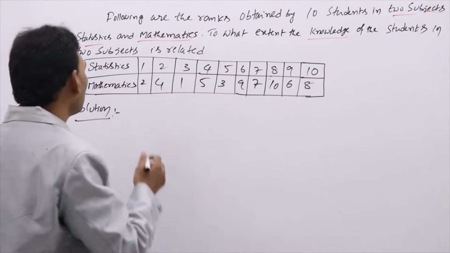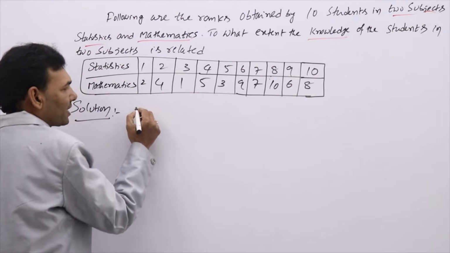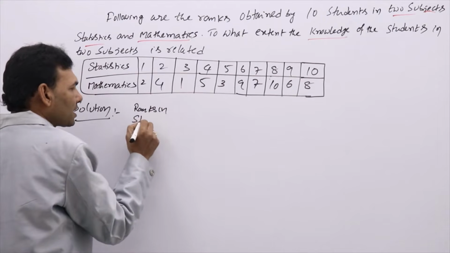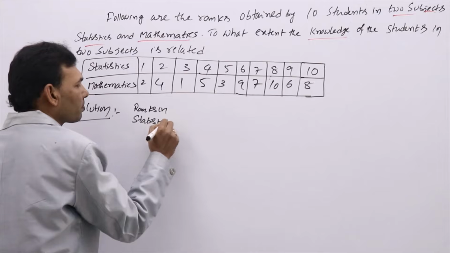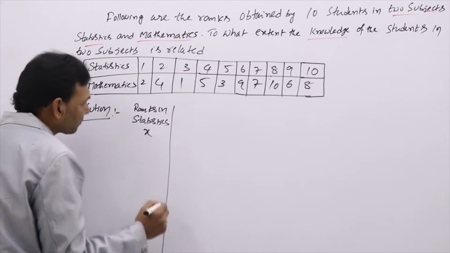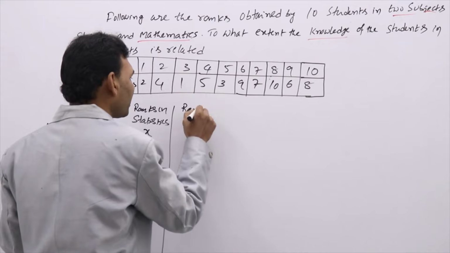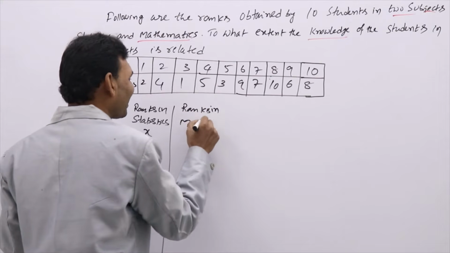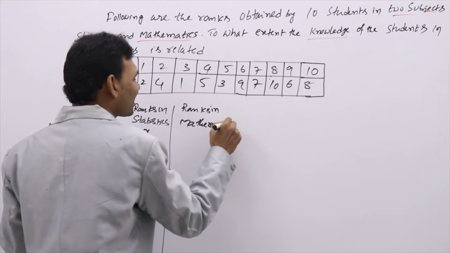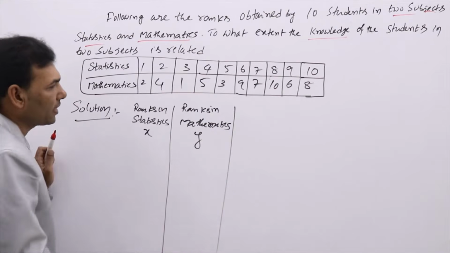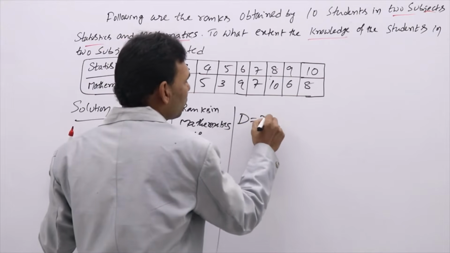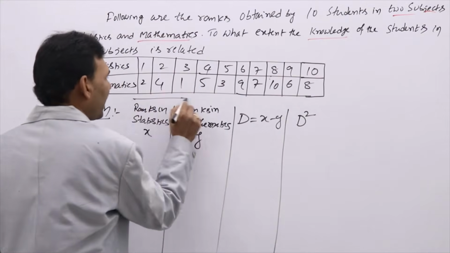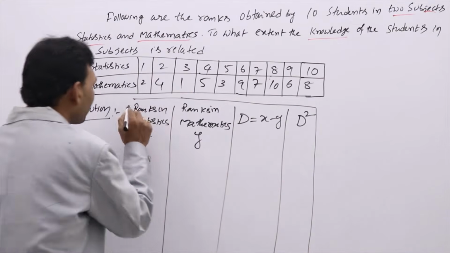Ranks are given. Ranks in statistics we are taking as X, and ranks in mathematics we are taking as Y. The difference between these two is X minus Y. Next we need D square, because the rank correlation coefficient requires D square.